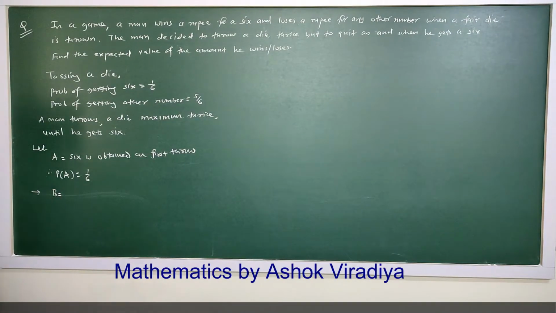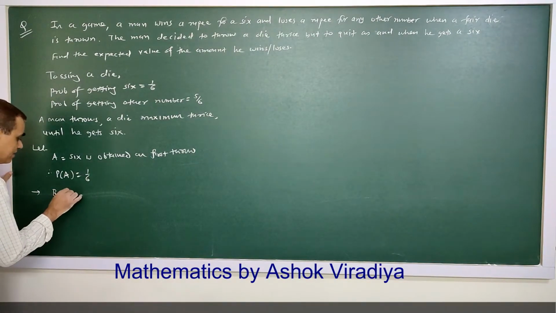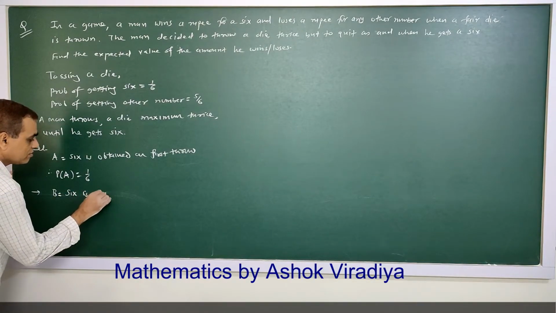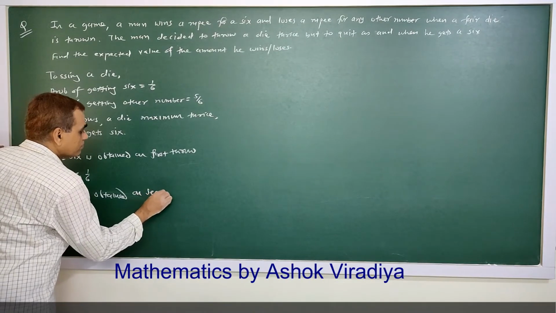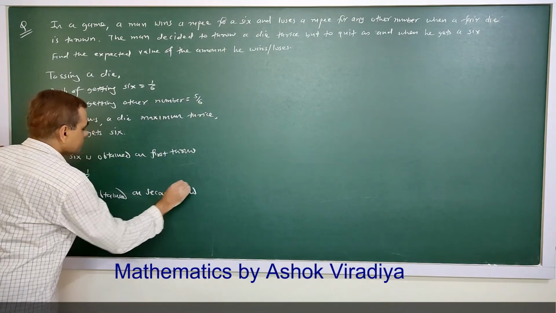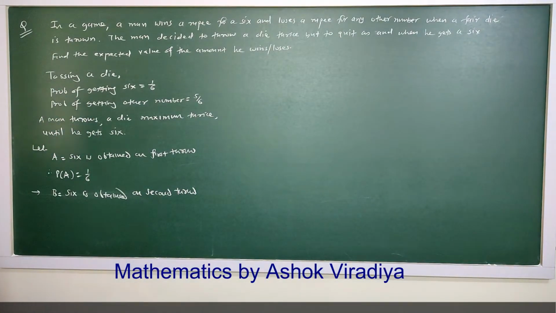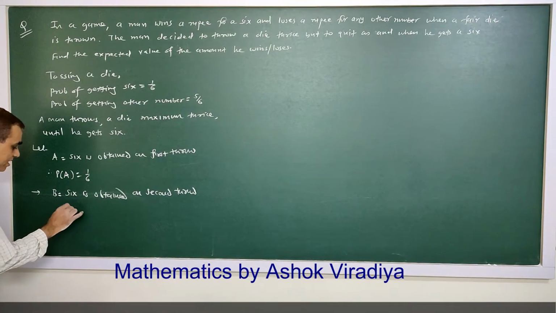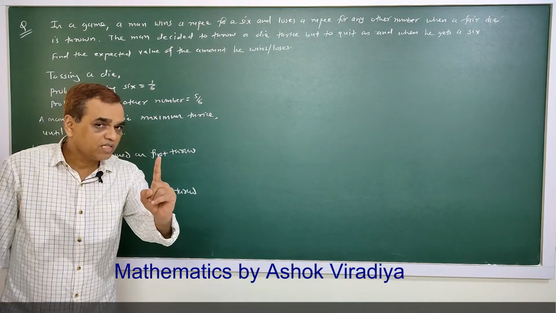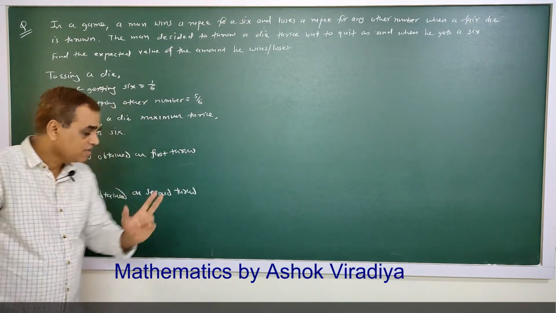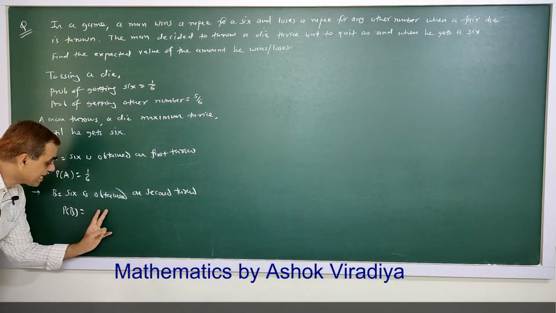B. Suppose 6 is obtained on second throw. So probability of this event B. See, first throw he is getting other number. So first throw, then he is doing second throw.